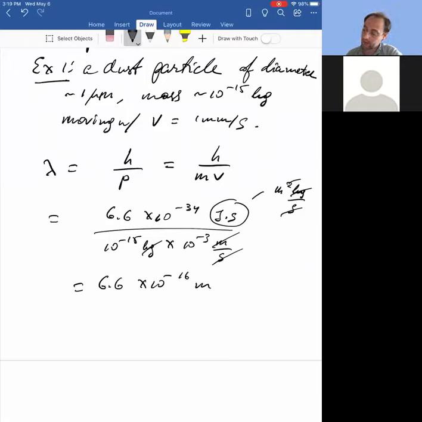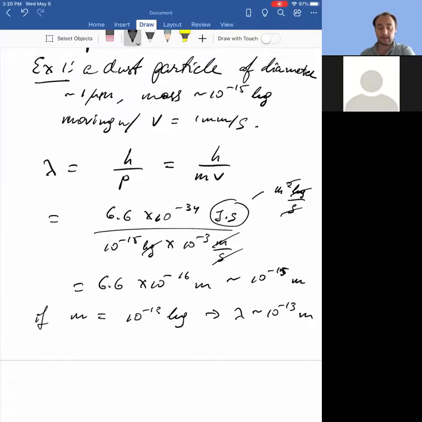Okay, so maybe 10 to the minus 15 kg is a little bit too small. If mass equals 10 to the minus 13 kg, which is maybe more realistic, then you get a wavelength of something like that. In any case, these are very small numbers.